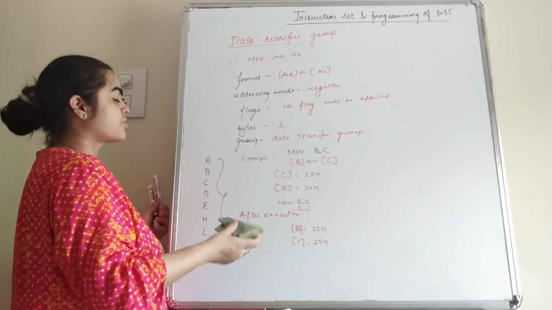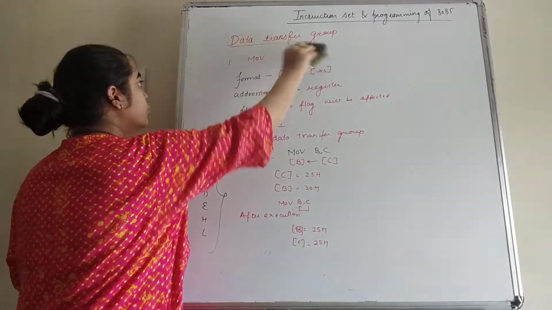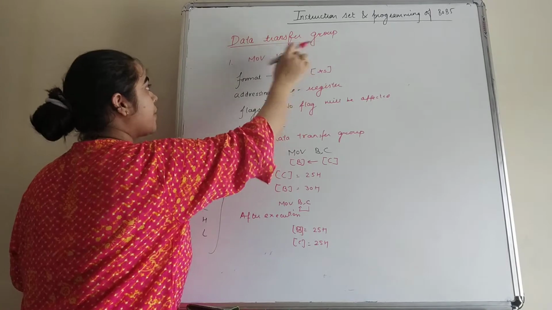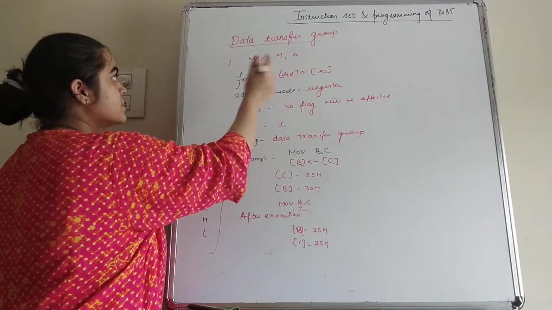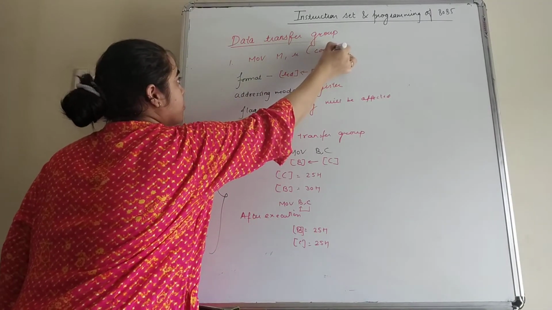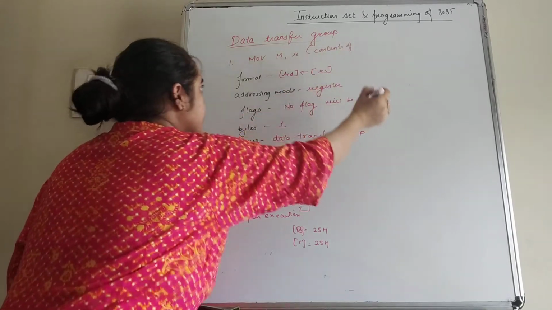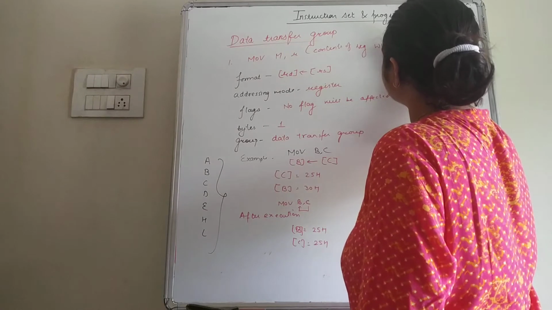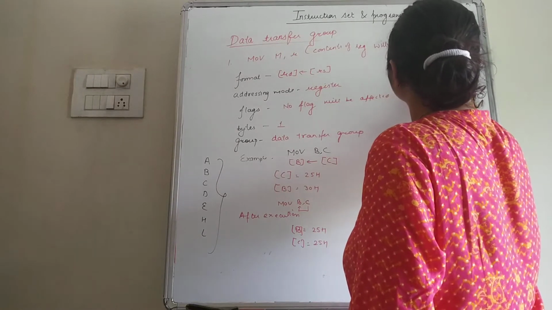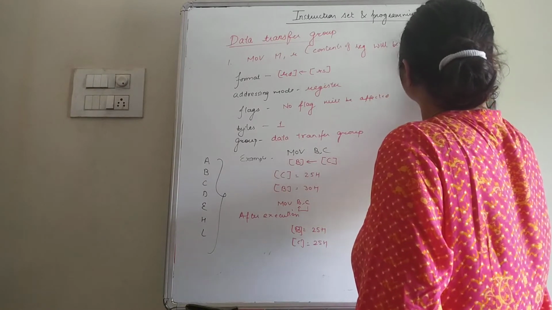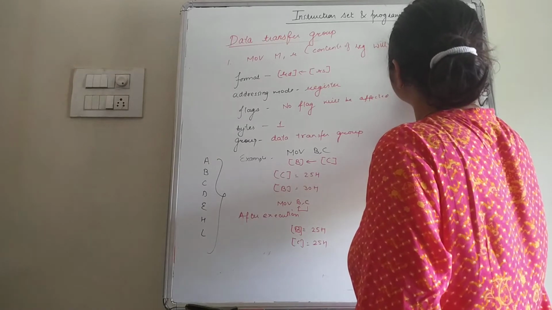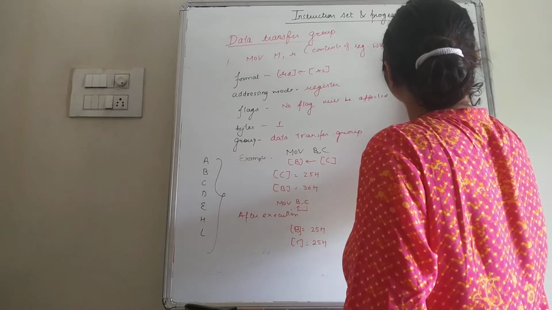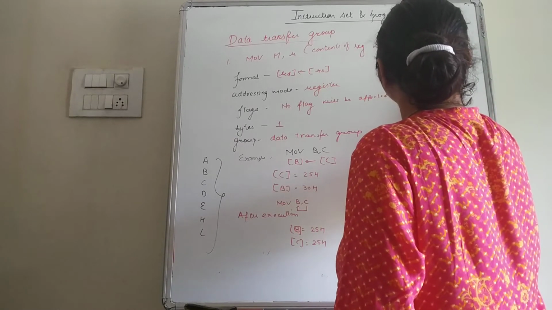The second instruction we have is moving the contents of a register into a memory location. That means the contents of the register will be transferred to the memory location that is pointed to by the HL pair.